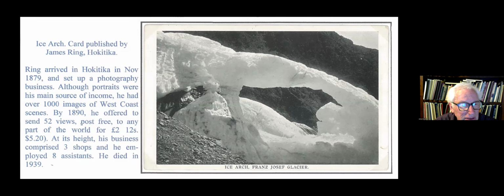And in 1890, he'd send you 52 views, post-free to any part of the world for 2 guineas. And they weren't postcards because we didn't have commercially produced postcards in New Zealand in 1890. There were images like this.